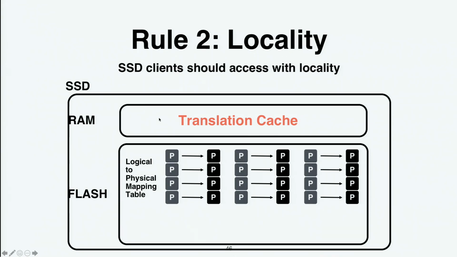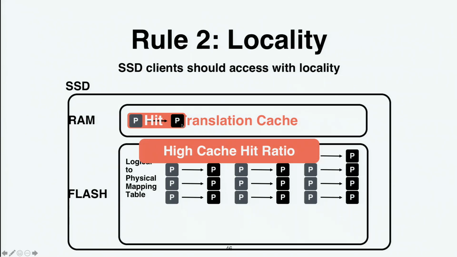And then in RAM on the SSD, the mappings that we've done recently, we will cache up there. What a nice little animation. So if in the future you need to do that same translation again, that translation will be quick. It isn't the actual data that's being cached in the SSD, it's the translations that are being cached.